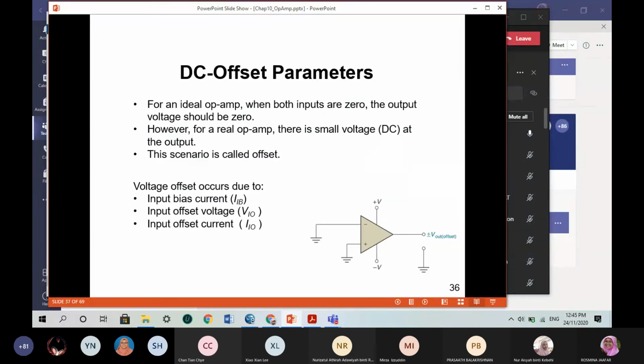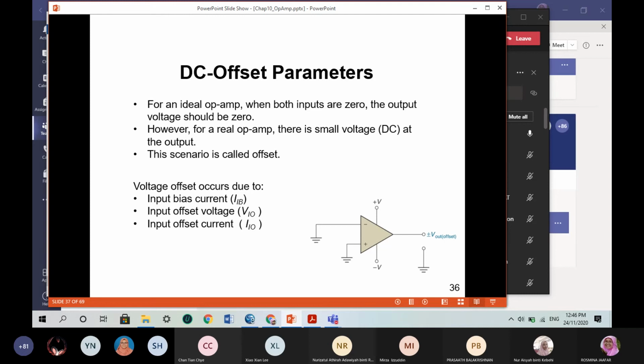Okay. Now, an important factor for the op-amp is the DC offset parameters. For an ideal op-amp, when both inputs are zero, the output voltage should be zero. However, for a real op-amp, there is a small DC voltage at the output, and this DC voltage is referred to as the DC offset voltage.